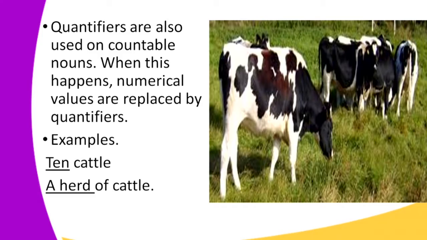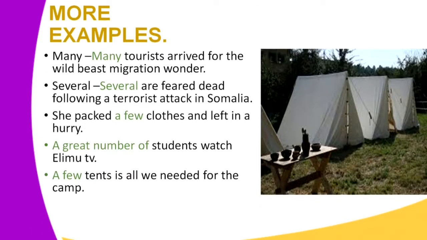Example, we have many tourists arrived for the wild beast migration wonder. The word many is a quantifier. We have several. We can say in a sentence, several are feared dead following a terrorist attack in Somalia.